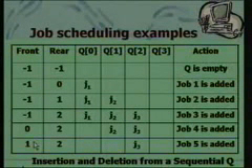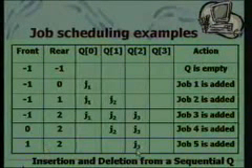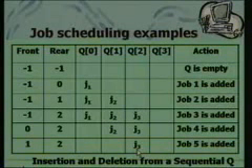Now the purpose of this is to show how rear and front are changing their values after deletions and insertions. But the most important thing is this. The J3 has come to Q2. Now the value of rear is 2. As we insert more elements, the Q is advancing towards the right.